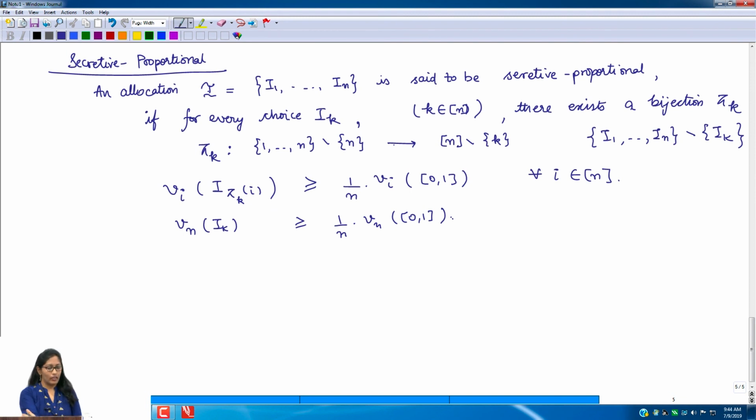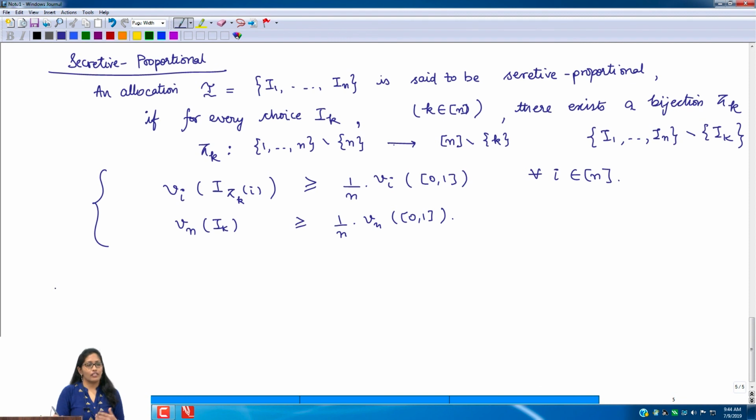This is proportionality, like in the secretive setting. Is the definition clear?